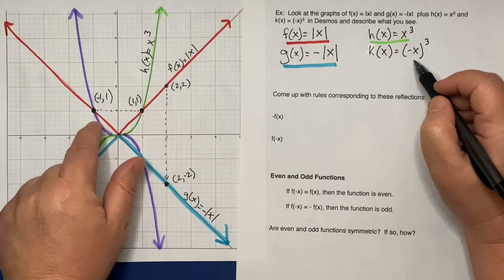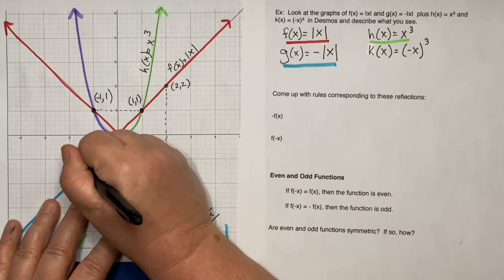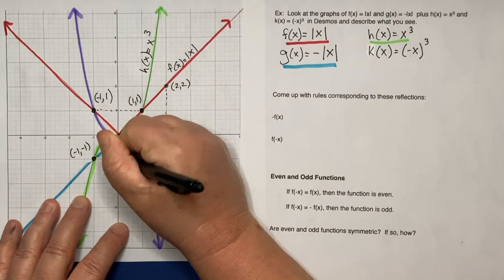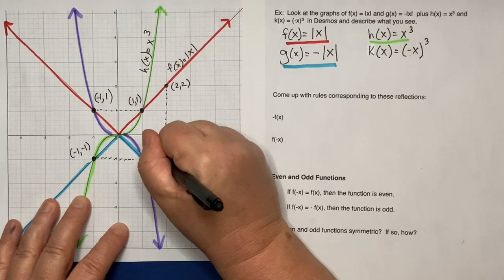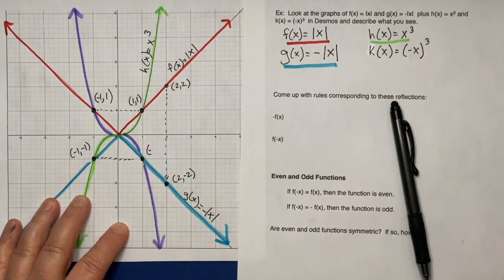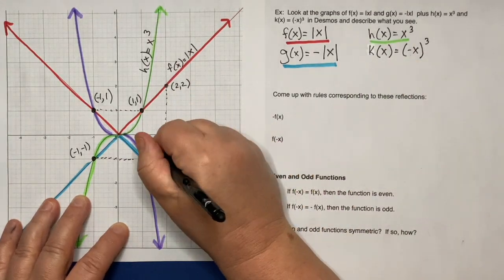So we have to flip every x value to its opposite. Oops. I got a little excited about all the pluses going on.